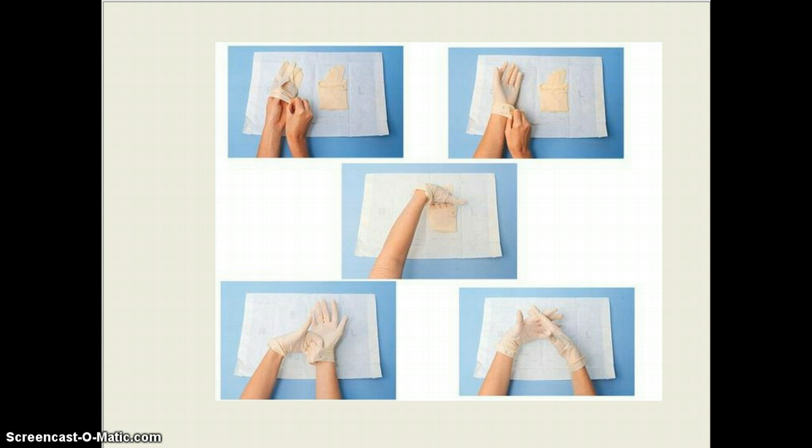Then you put the glove on, continuing to only touch the sterile or the outside part of that glove to get that on, and then you can lace your fingers together to get the gloves repositioned and on snugly so they fit good and feel good.